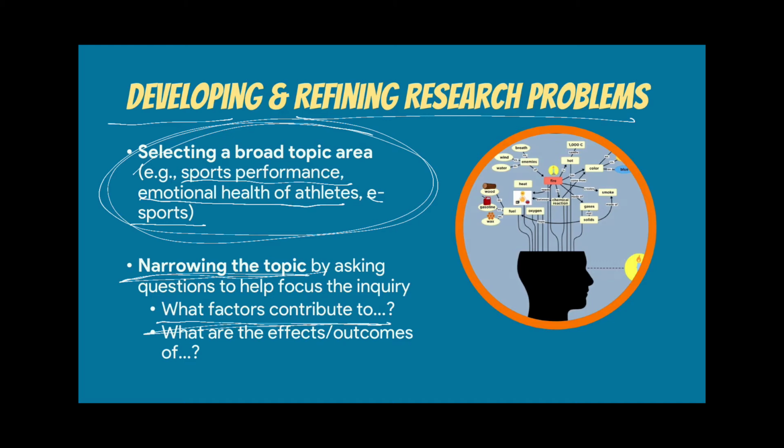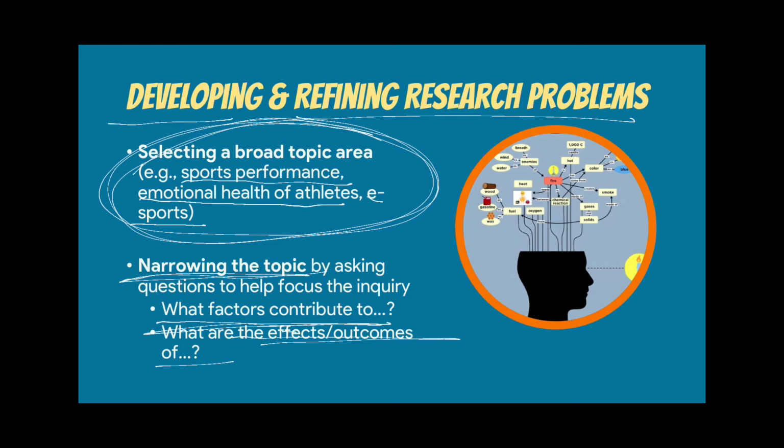So we're talking about quantitative research here. So you're looking at the antecedents, or the things that come before or cause the phenomenon or the topic that you are identifying, and its consequences, the effects or the outcomes of that specific phenomenon.